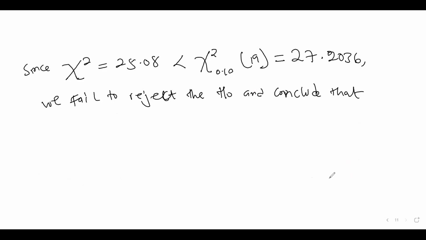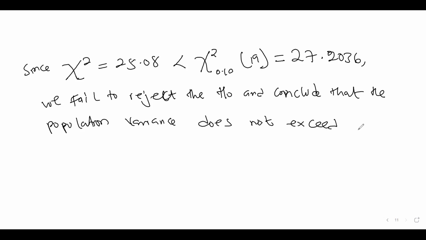So since we have failed to reject, you conclude that the population variance does not exceed 0.25. So that is how we are going to test that hypothesis.